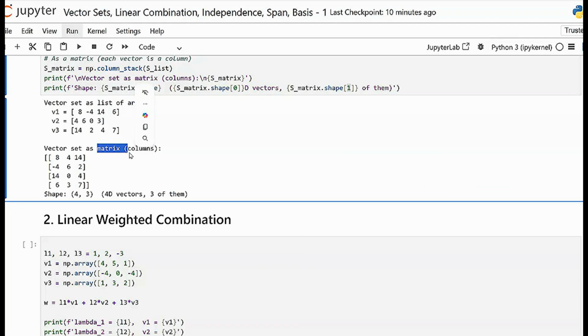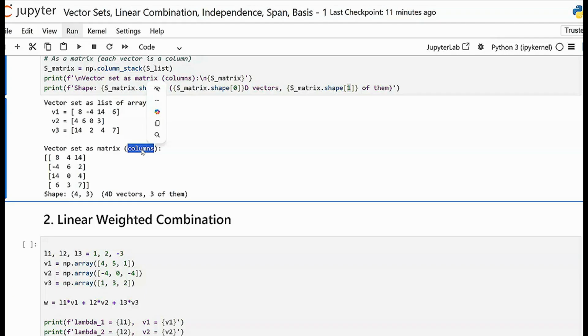Yes, it is much easier for linear algebra operations, solving systems, checking independence, and transformations. And here we have used columns instead of rows because in linear algebra, vectors are commonly treated as column vectors.